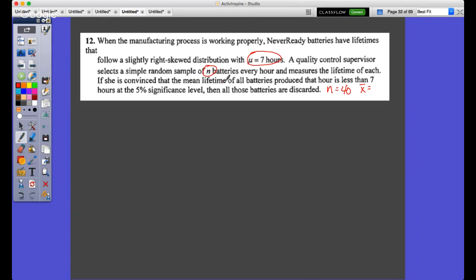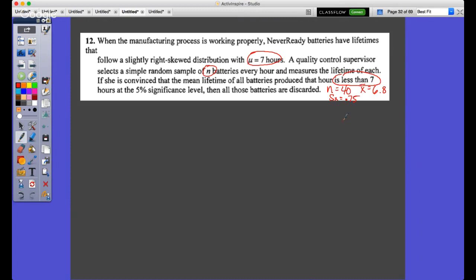She's convinced that the mean lifetime of all batteries produced is less than 7. So let's say that our x-bar was 6.8, and that our s of x, the standard deviation, would be 0.075.